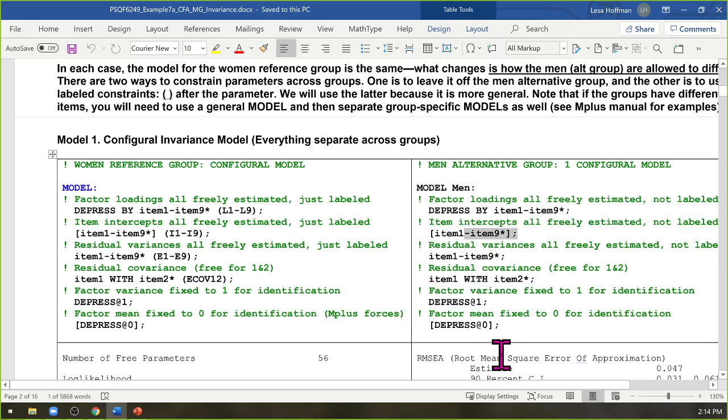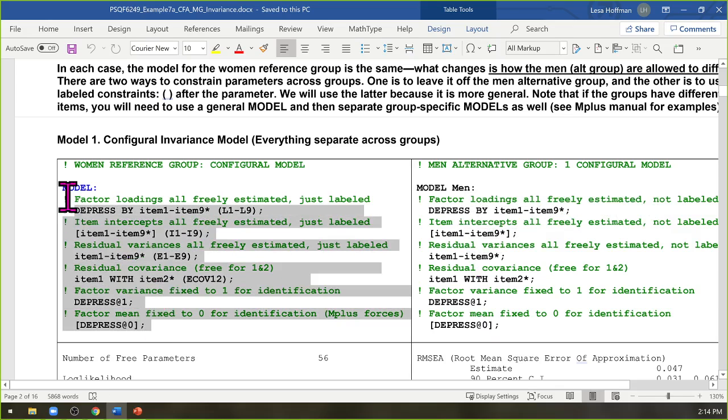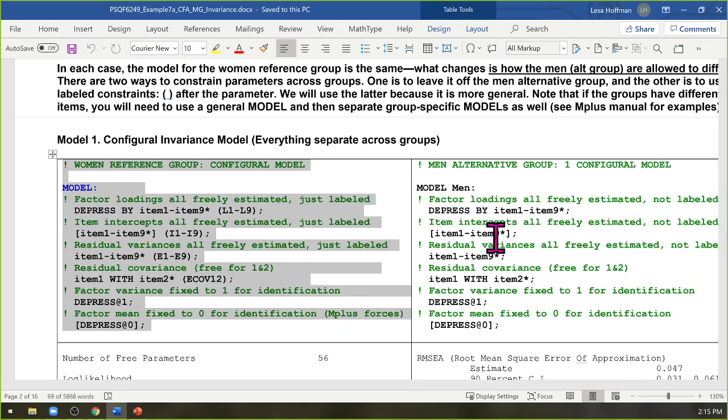So what's going to happen in my code is that this whole side right here is going to stay the same in this entire example. It's not going to change. In the reference group, I have a model in which the factor mean is fixed to 0 and the factor variance is fixed to 1 for identification. And I have then estimated all item intercepts, all item loadings, and all item residual variances.